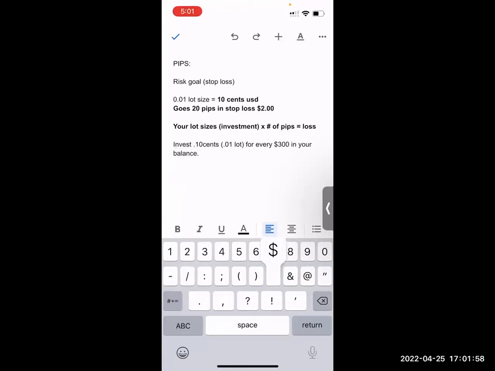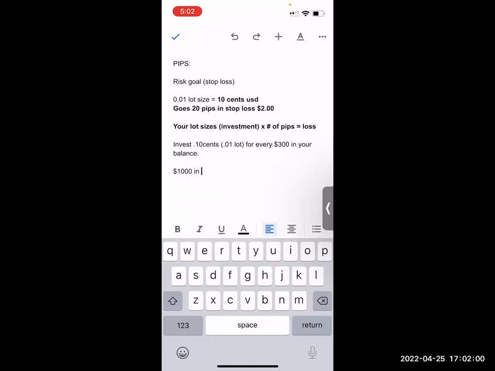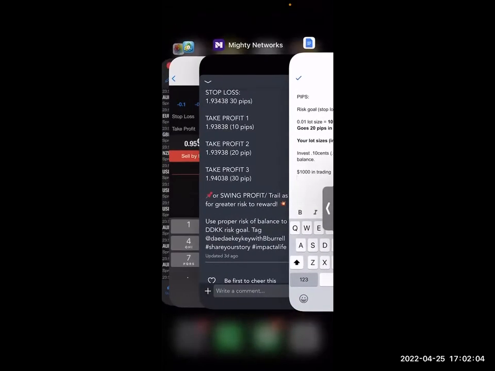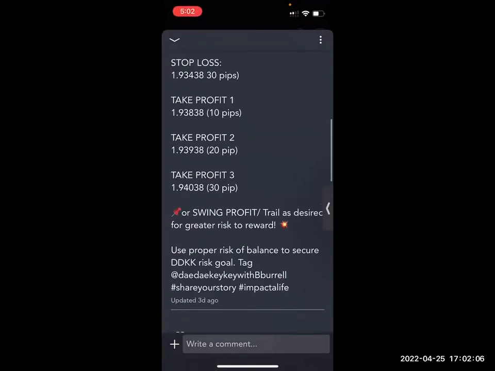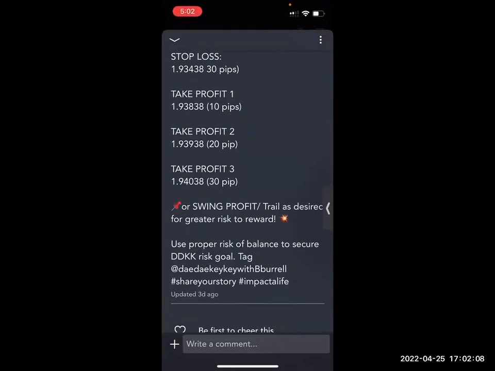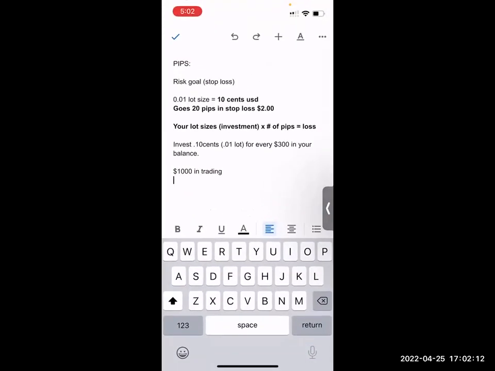So what that means, if somebody puts $1,000 in their trading account and then a signal comes out, and let's just pretend it's this signal, my stop loss means I'm willing to lose X times 30 pips. So I know the pips is 30 pips, right? Times what are you going to put in? Well, I'm going to have $1,000. So how many times does 300 go into 1,000? 3 times.